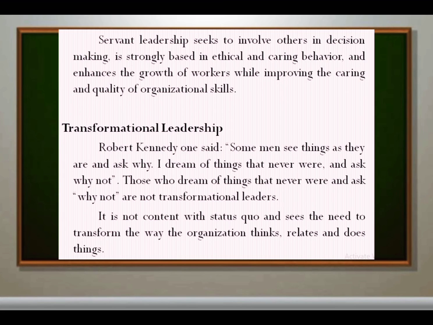The transformational leader is not content with the status quo and sees the need to transform the way the organization thinks, relates, and does things. The transformational school leader sees school culture as it could be and should be, not as it is, and so plays his or her role as visionary, engager, learner, collaborator, and instructional leader.